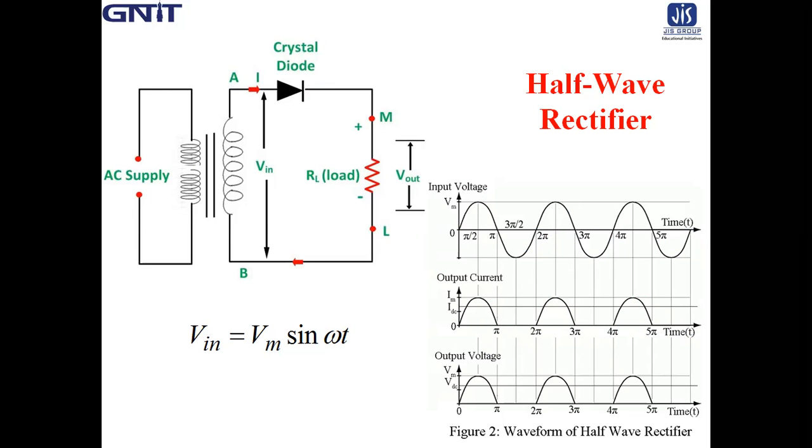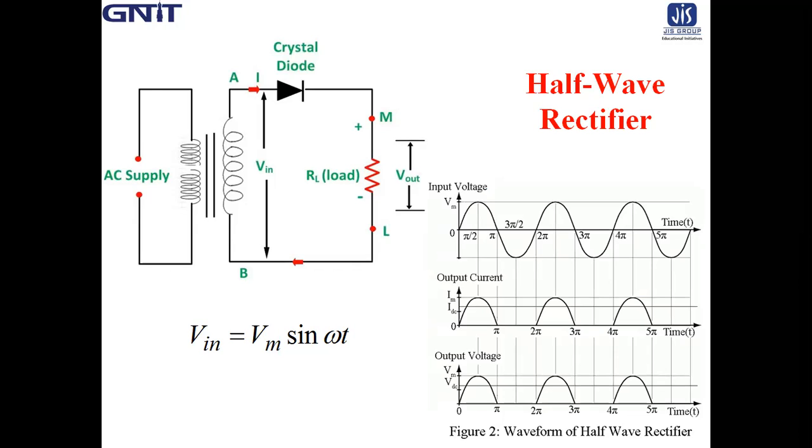After the mathematical representation, we calculated the average or DC value of current and voltage, that is IDC and VDC. So IDC is Im by pi and VDC equals Vm by pi.